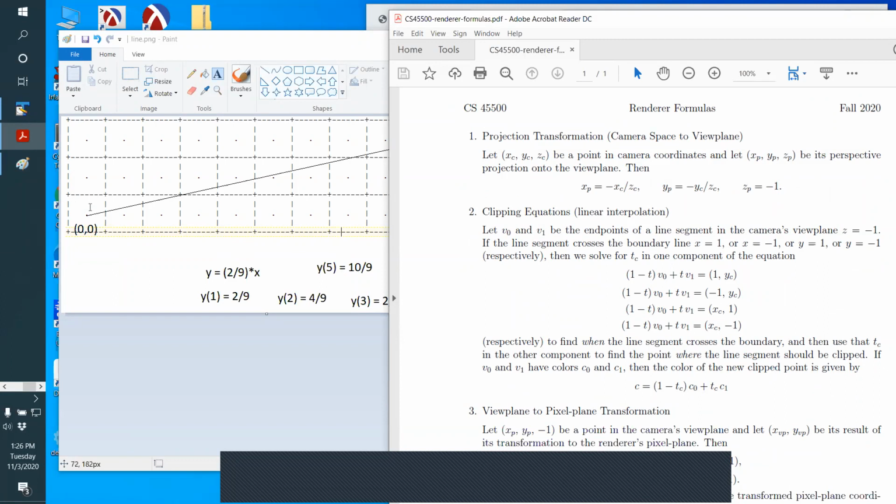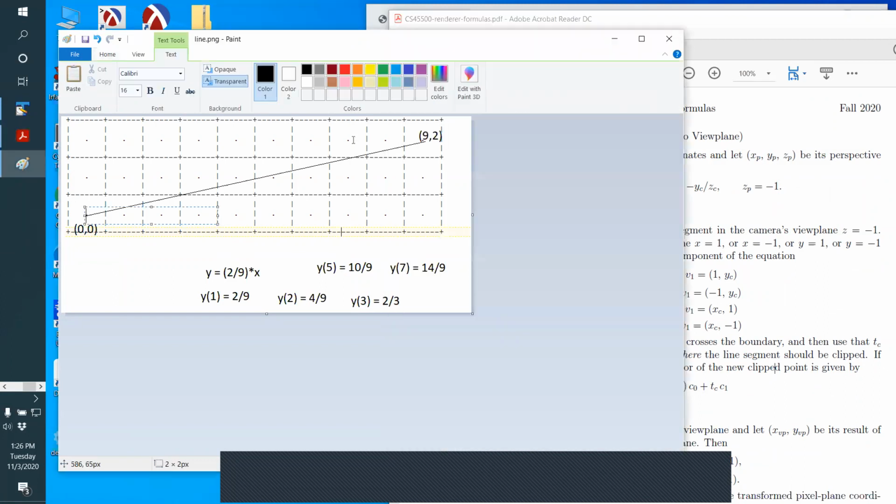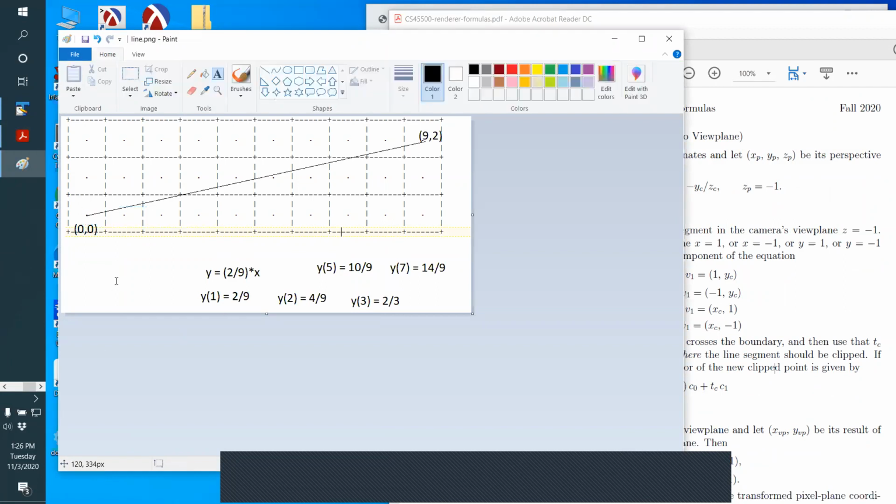Oh, you mean you didn't start here and here? Yeah, I got different points. The starting and ending, or the ones in between? The ending point. For the first vertex, I got half and half. X is half and Y is half. And for the second vertex, I got 10.5.